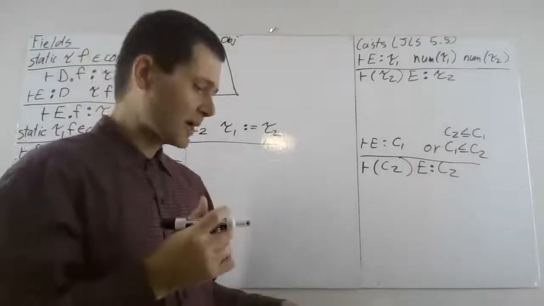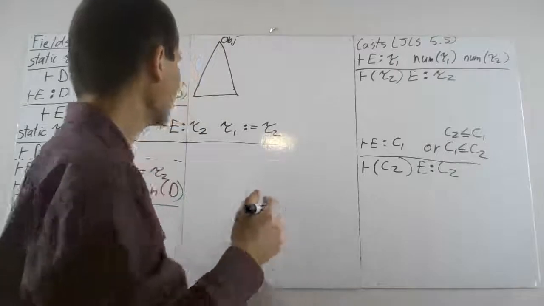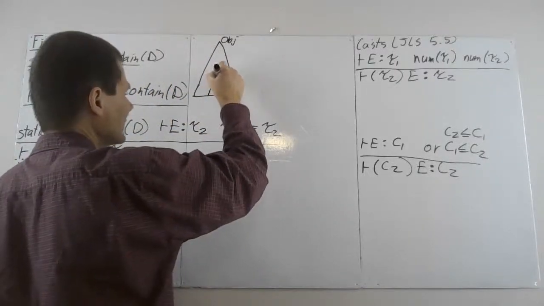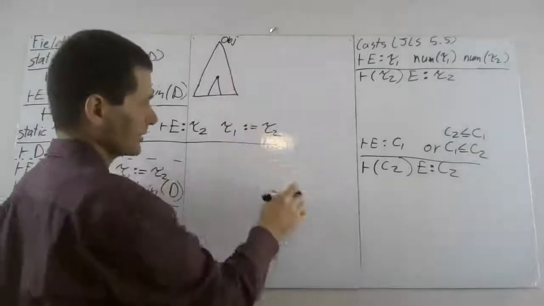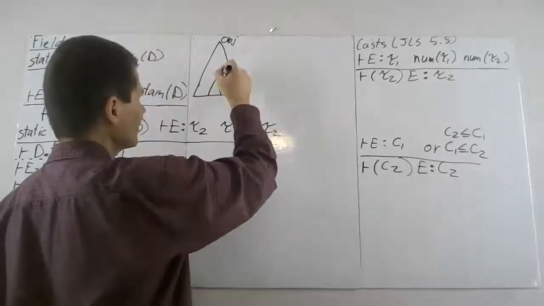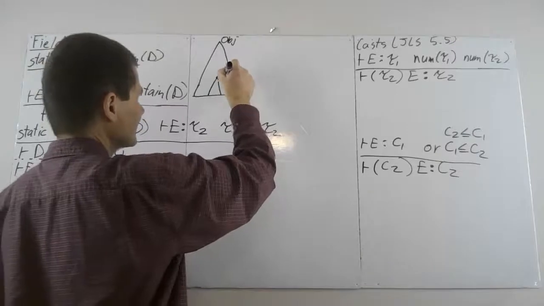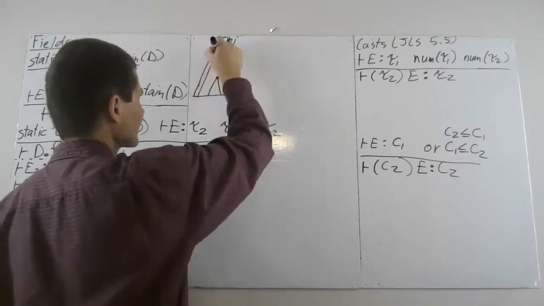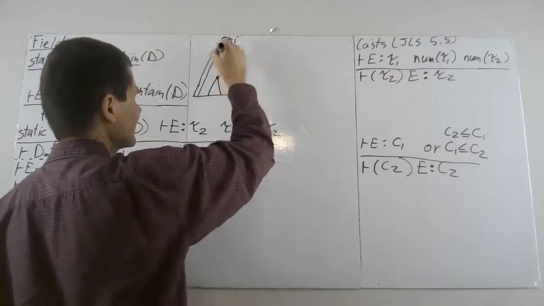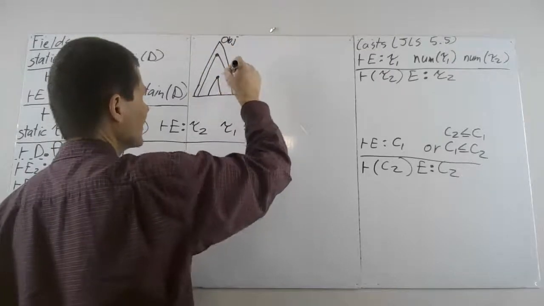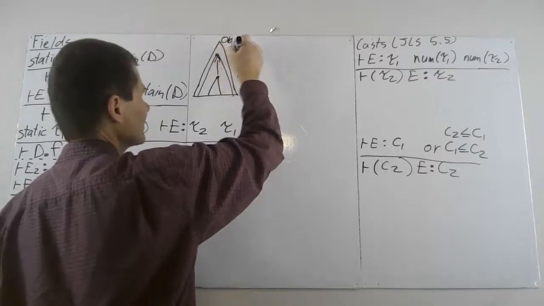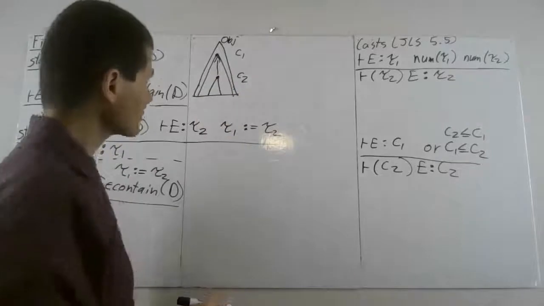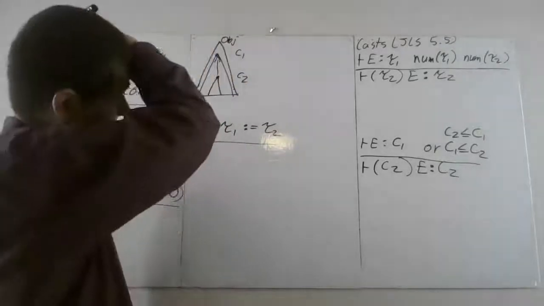One type of cast is an upcast. C2 would be here, C1 would be here, and it's an upcast because the arrow goes upwards. You're casting upwards in the hierarchy.